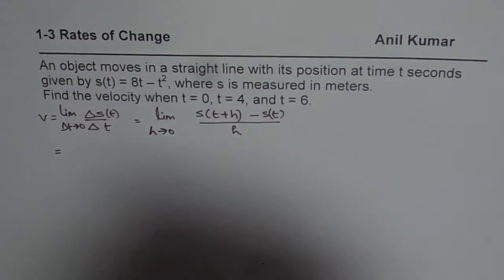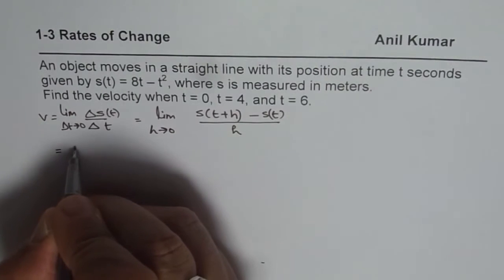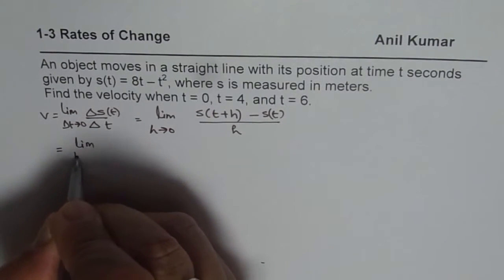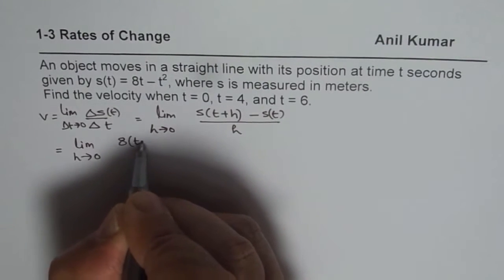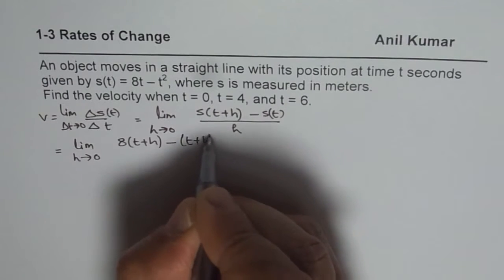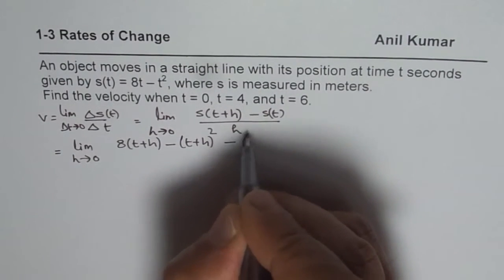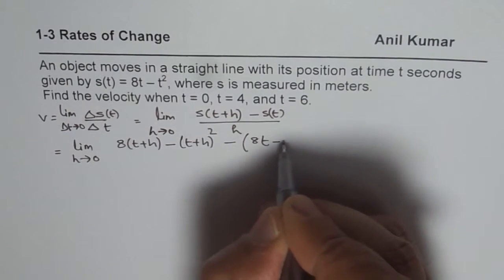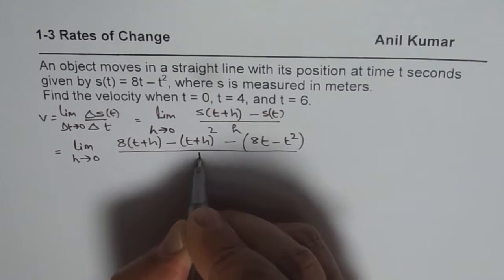So s(t + h) is obtained by replacing t with t + h. We get the limit as h approaches 0 of [8(t + h) − (t + h)² − (8t − t²)] divided by h.